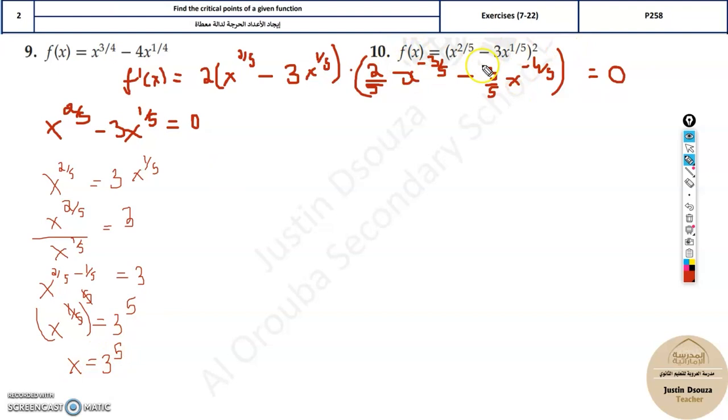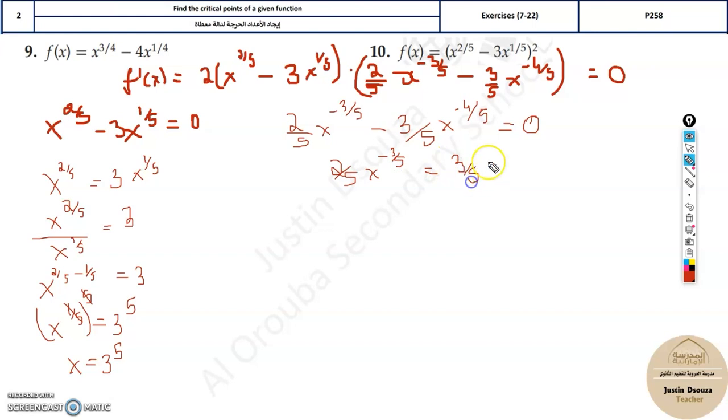Same thing will be done over here. Now we have 2/5 x^(-3/5) minus 3/5 x^(-4/5) that is equal to 0. Now all I need to do is take this to the other side. So it will be 2/5 x^(-3/5) equals 3/5 x^(-4/5).